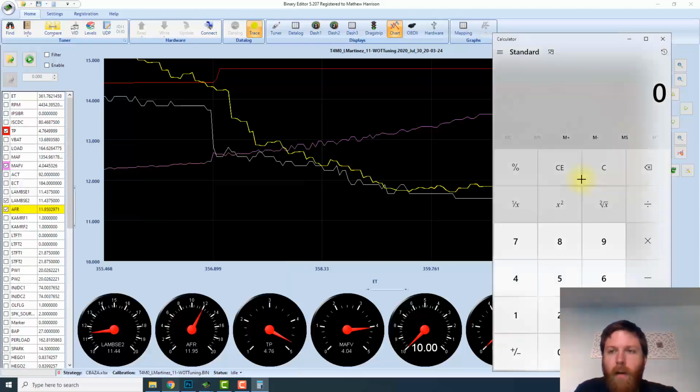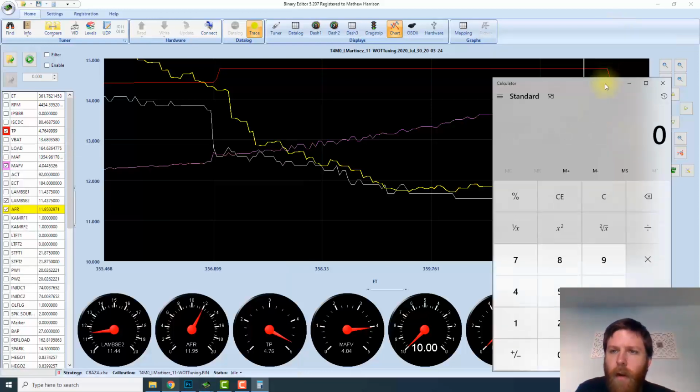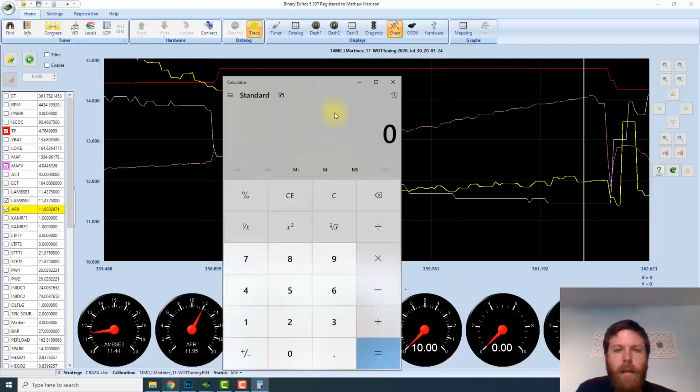So if you pull up a calculator, the easy way to calculate this is to put in the difference between the AFR and the Lambsy. So I'm going to do 12.03, which is what we had, minus 11.43, which is what we expected, and that's how far off we are. Now to put this in terms of percentage, I want to take this number and divide it by what we were trying to get to, which was 11.43.